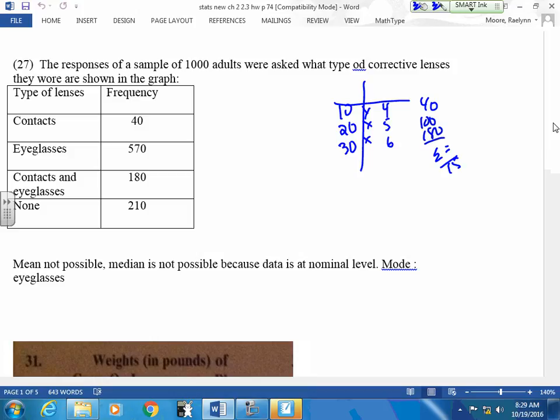But I can't multiply these. Can I multiply contacts by 40? Because these are nominal measures. I cannot do any math on a nominal entry. So therefore, I can't find a mean, I can't find a median, but I can find a mode. The mode says which one has the highest frequency.